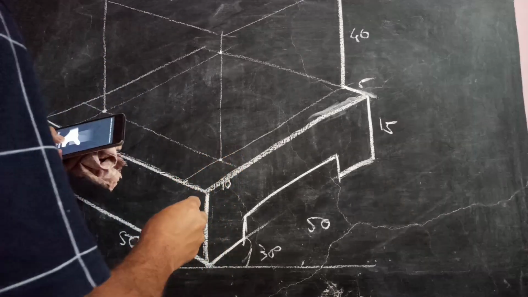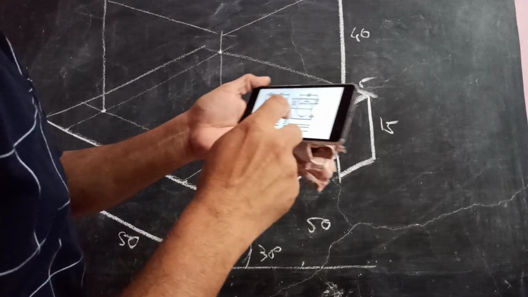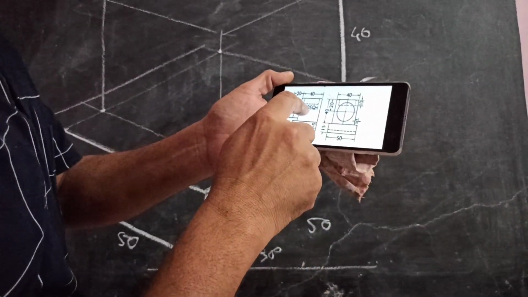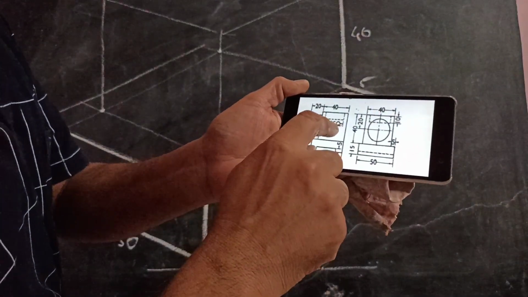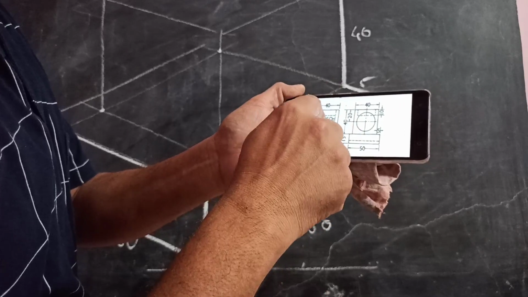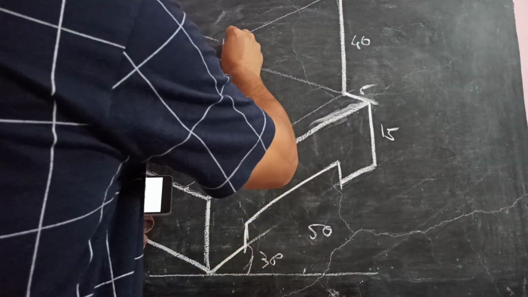Then if you look at this, there is a hidden rectangle shown here, and it is written here 30 square. It means there is a hole inside which is a 30 square hole. So this is 40 by 40.